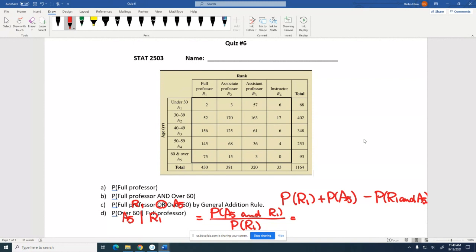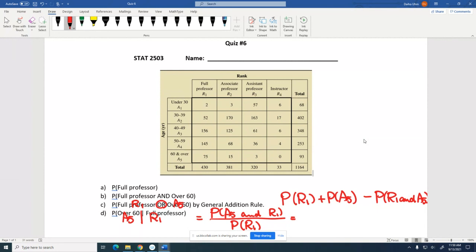For over 60 you have to take the marginal probability, at the right end: 93. So you add 93 out of 1164, and then subtract 8. Does it make sense, right?